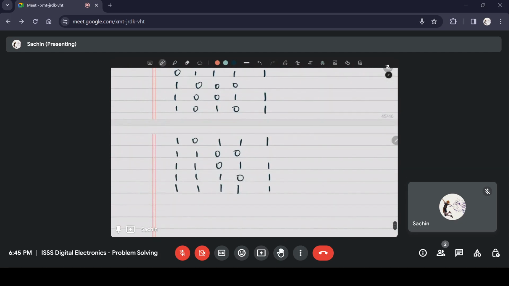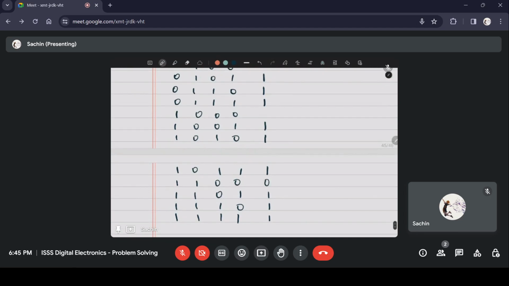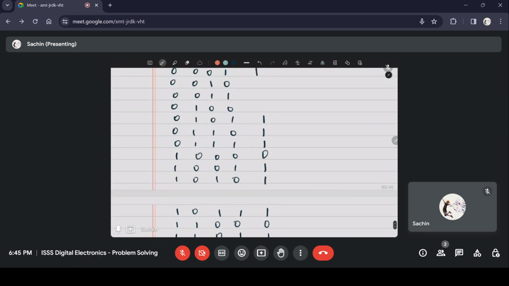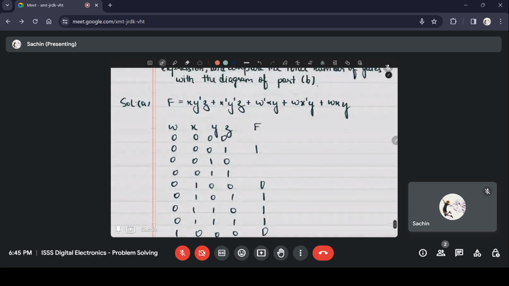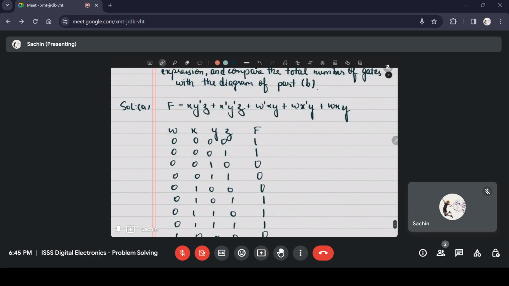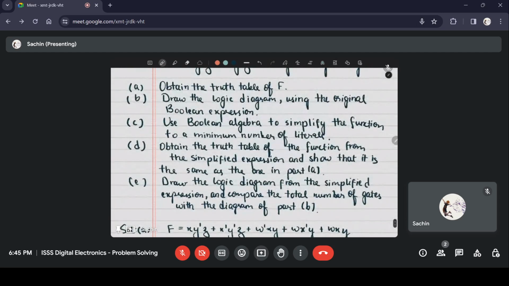So this and this, and the rest of the input combinations will give you 0 as the output because none of the terms in the function are 1 for the rest of the input combinations. So that's how you write the truth table given the Boolean expression for your function.